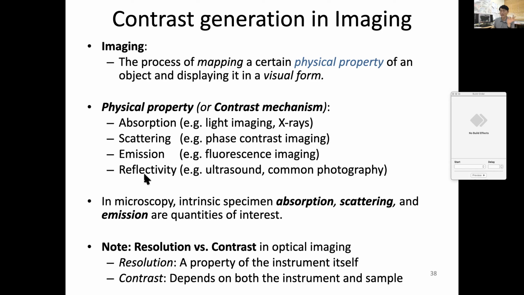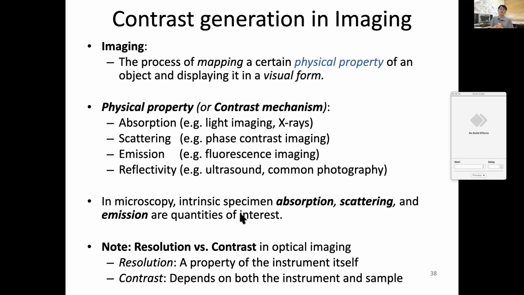So we are using the reflectivity of an object as a contrast mechanism. Typically in microscopy, we are interested in the intrinsic nature of the specimen, especially absorption, scattering, and sometimes emission of a specific target or quantities of our interest.